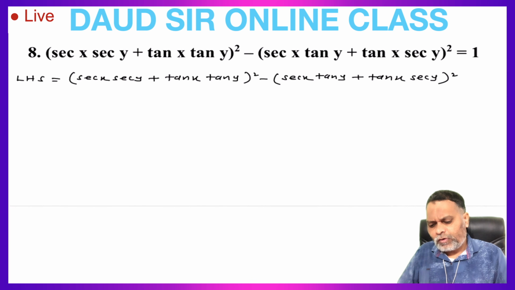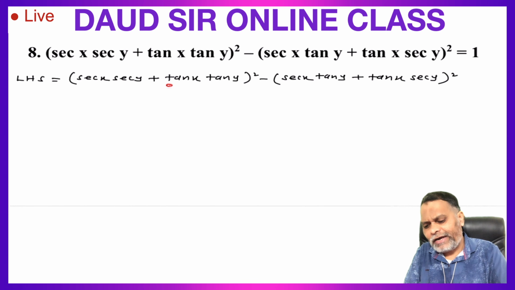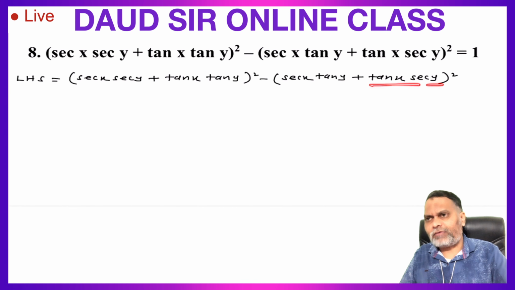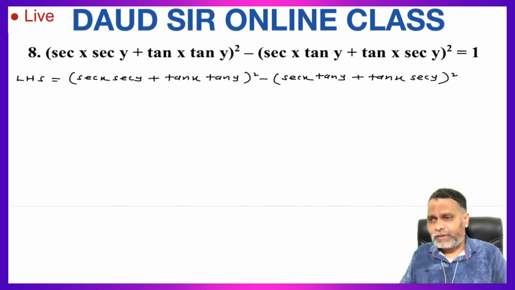So notice both the terms here: sec x sec y, tan x tan y, sec x tan y, tan x sec y. Here, if we open these two brackets by using the identity (a plus b) whole square, then we will get the terms sec square and tan square, and we have the identity in terms of sec and tan: 1 plus tan square theta is equal to sec square theta.